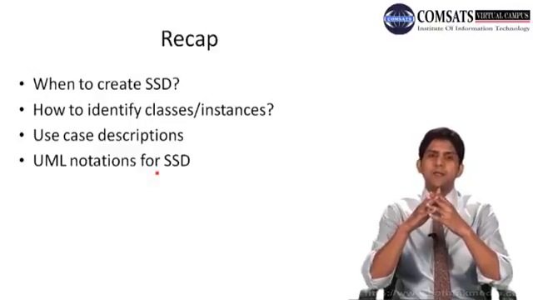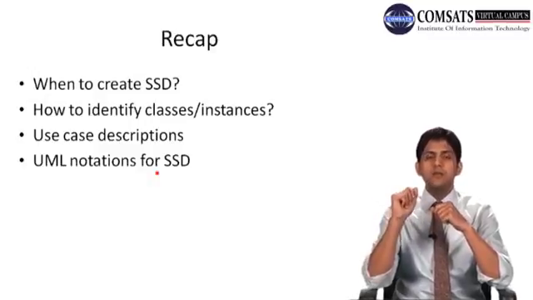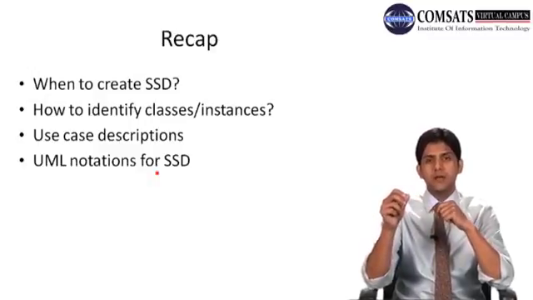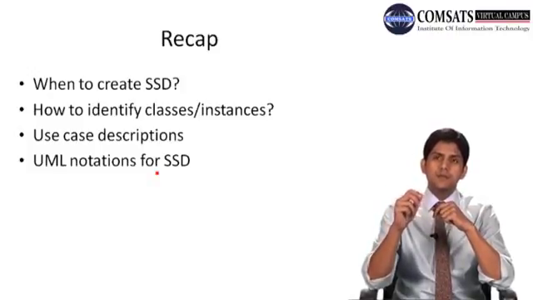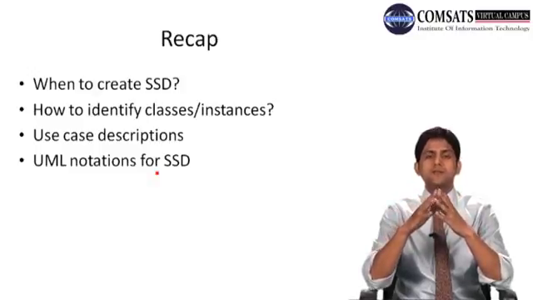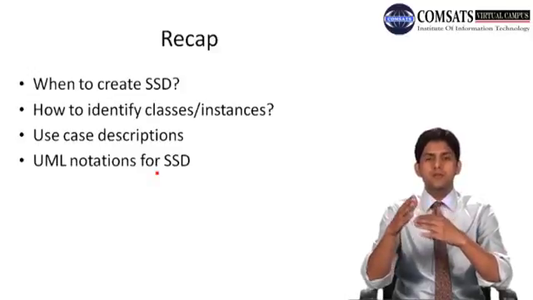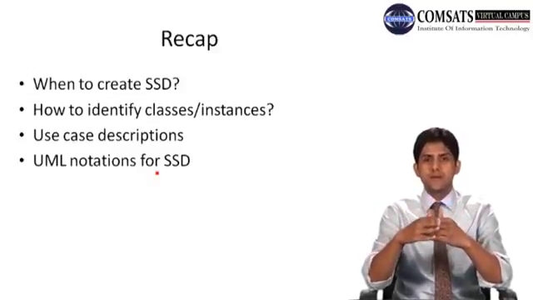And we saw when we discussed activity diagrams, we asked the same question: why do we need to create activity diagrams and when do we create them? The answer was pretty simple: activity diagrams are used to understand or elaborate a use case diagram, because in a use case diagram we can have alternate flows. So through these activity diagrams we can represent those things.